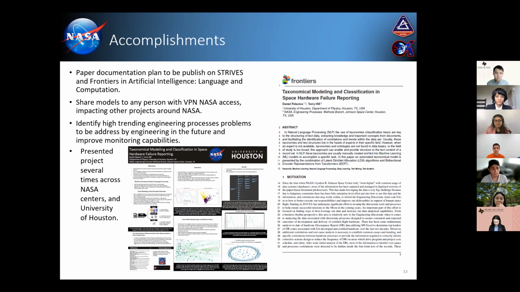As I was saying before, I was able to identify high trending and high relevance phrases and bring them to the attention of engineering management, because we really want to learn from the past, right? From past lunar missions, from all other types of missions. So in the future lunar missions that we're going to have with Artemis, we don't commit the same mistakes, right?